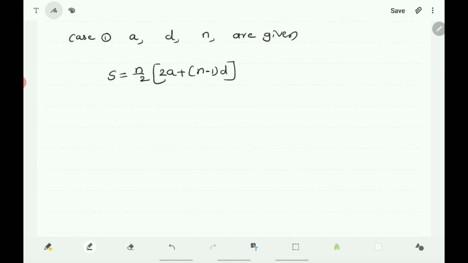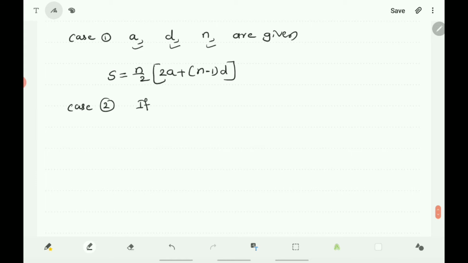Here, if the first term A, common difference D, and number of terms n are given, then the sum of first n terms of the AP is S equals n by 2 into 2A plus n minus 1 into D. Next, case 2.